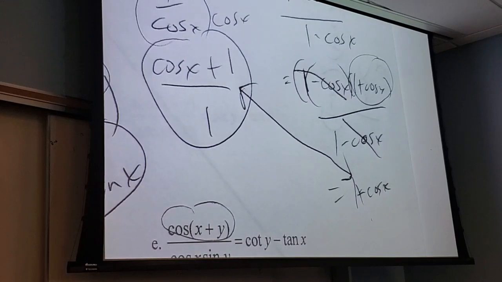So we made one side look like the other side. Does everyone understand why that means they are equal to each other? If one side can be shifted around to eventually become the other side, they must be equal to each other. That's why 1 plus 4 equals 5, because you can make 1 plus 4 become 5. Yes?